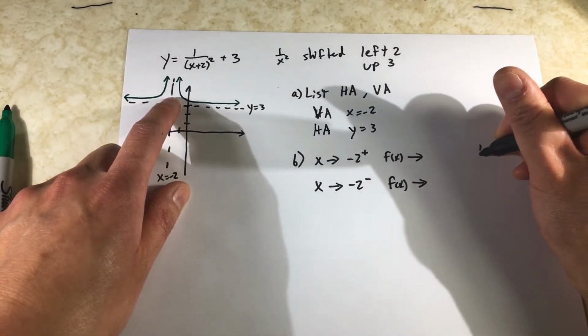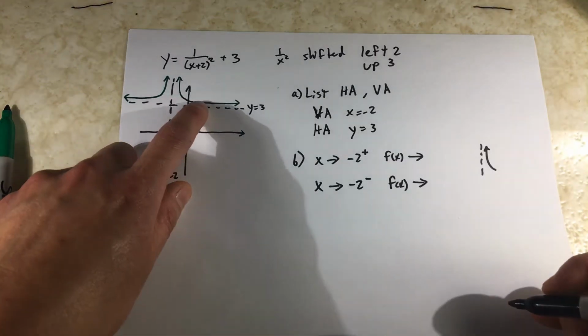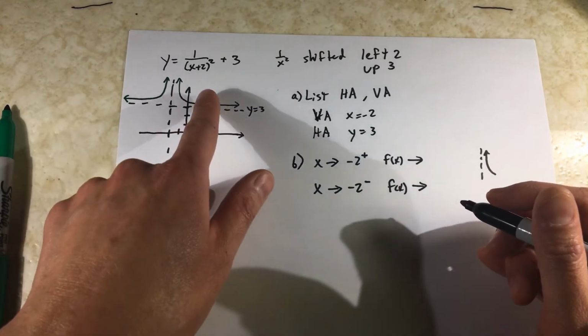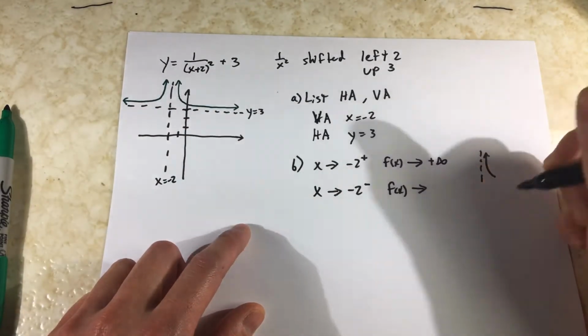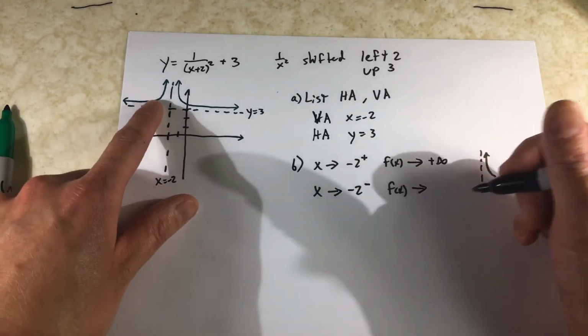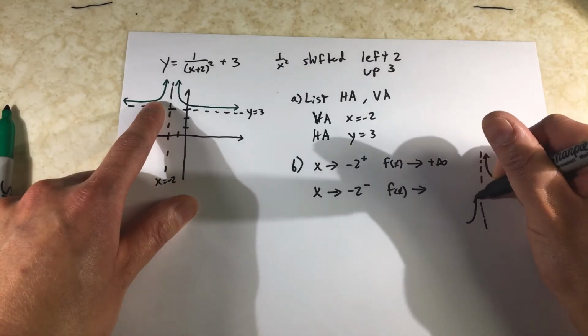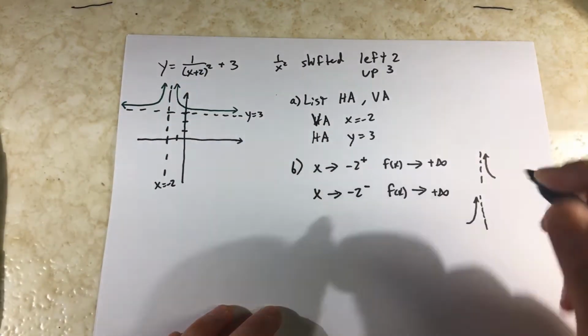When we look at this thing from the right side, we can see that it's kind of going upward. So that's this part right here. So if we approach -2 from the right, you can see it goes up to positive infinity. All right. If we approach it from the left, we also see that it goes to positive infinity. So both of these are positive infinity.